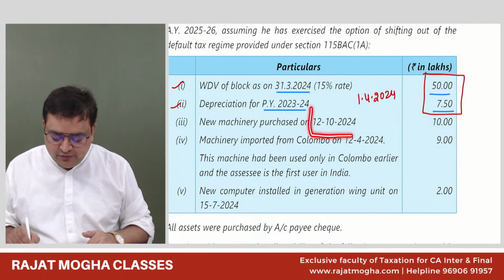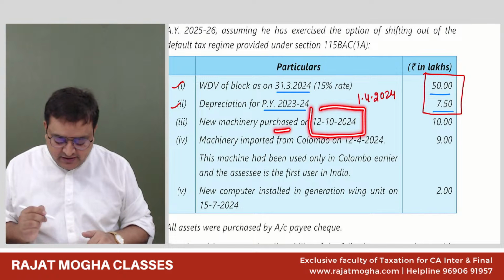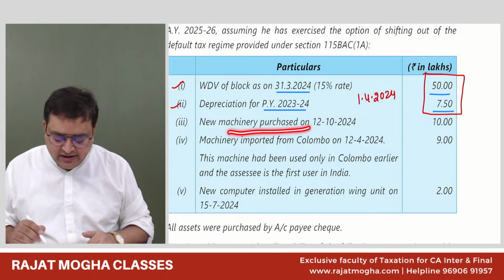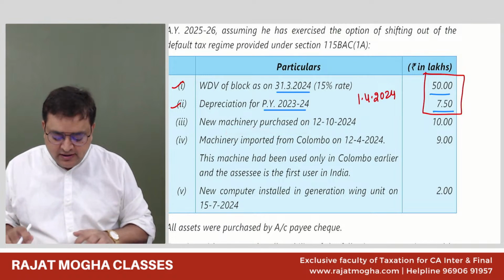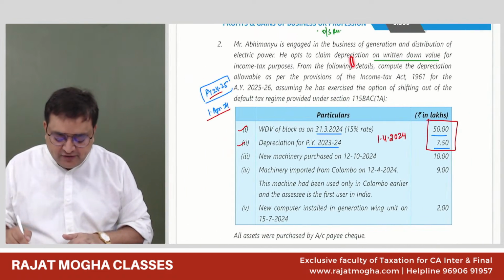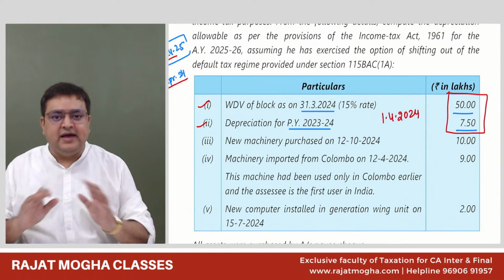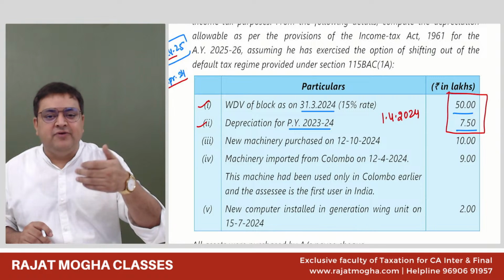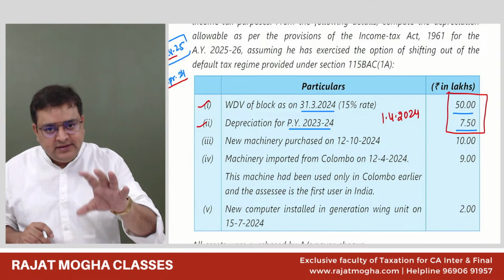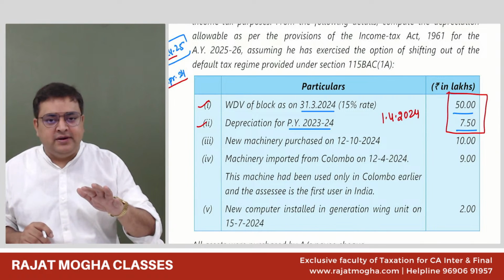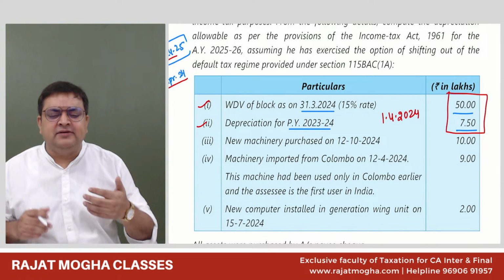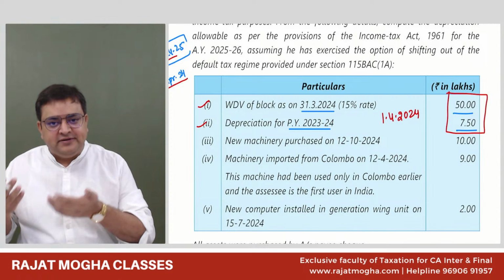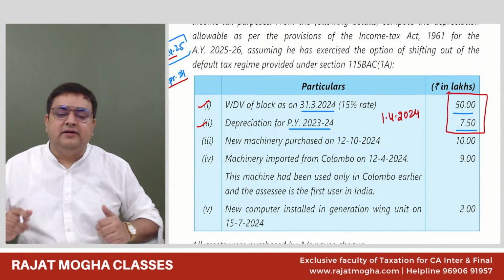Please tell me, this new machine is purchased, right? And we will see whether it is installed in factory or not. If this person is a manufacturing business, and the question is silent on whether this machine is installed in factory or not, then you should assume that it is installed in factory, because a person in manufacturing business, 99% of the time, if he is purchasing a machine, he might be installing it in factory.